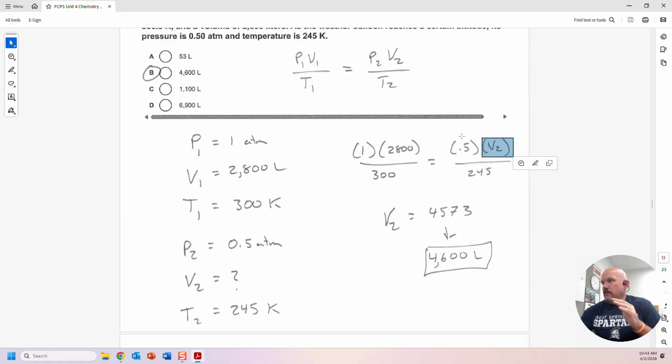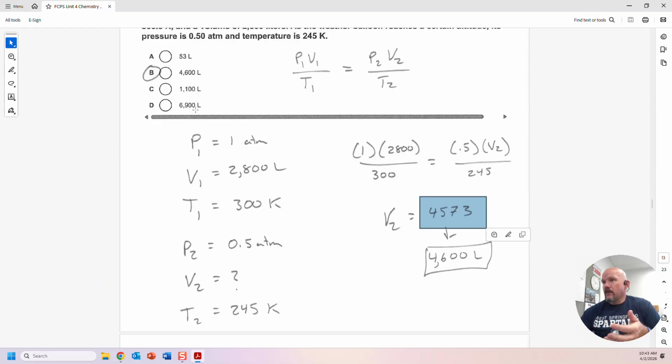Okay, so just follow along. We would just do this, times, then divide it by 300, and then also divide it by 0.5, and that'll give us V2, right? So 1 times 2,800 times 245 divided by 300 divided by 0.5. That'll give us our answer. Okay, so when we do it, it comes out to be 4,573 liters.